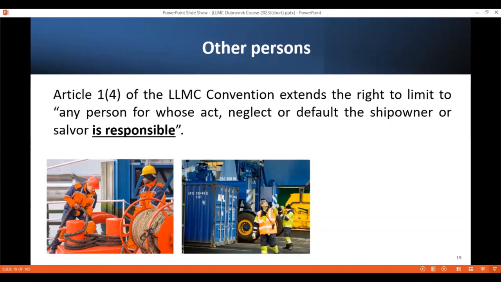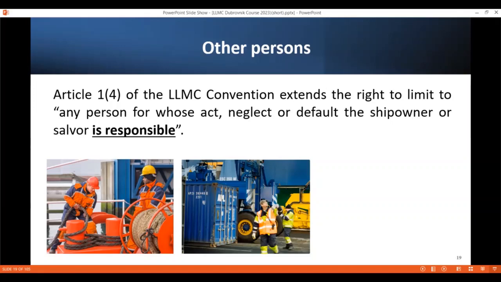Imagine that the ship has no crane, it has to use a shore crane to unload the cargo. Stevedores are independent contractors. But in the case of the White Rose, the court said that once the ship owner has acquired an obligation, he cannot hide from the fulfillment of the obligation by engaging independent contractors. And therefore, the stevedores would be covered.